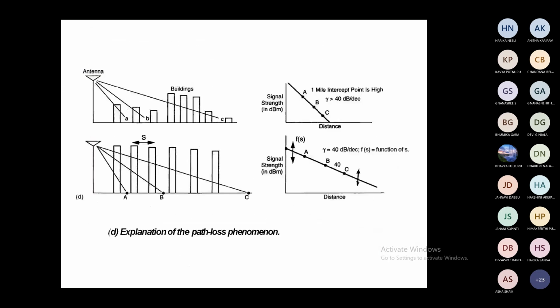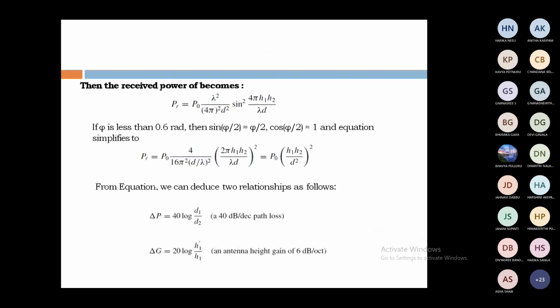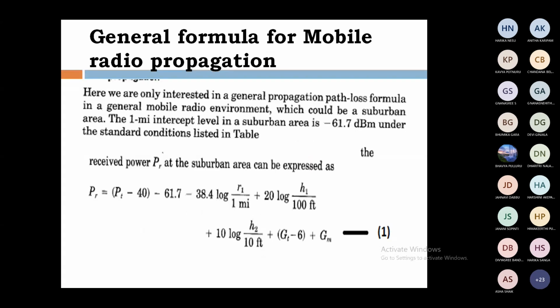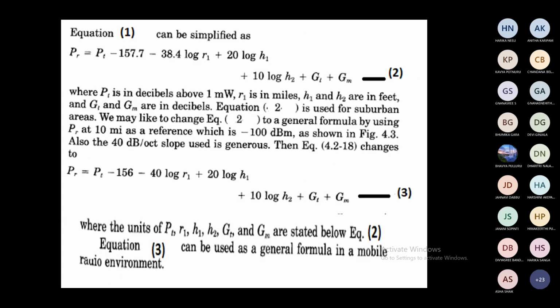That's why finally the received power we get is PR equal to PT minus 40 minus 61.7 minus 38.4 log R1 by 1 mile plus 20 log H1 by 100 feet plus 10 log H2 by 10 feet plus GT minus 6 plus GM. This is the received power equation for suburban area.